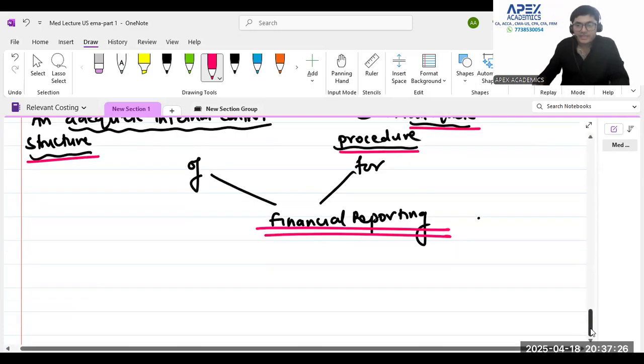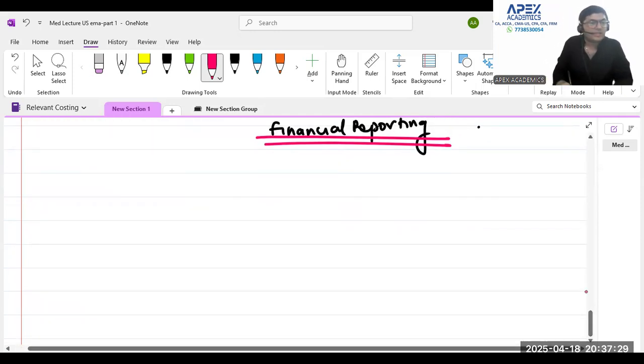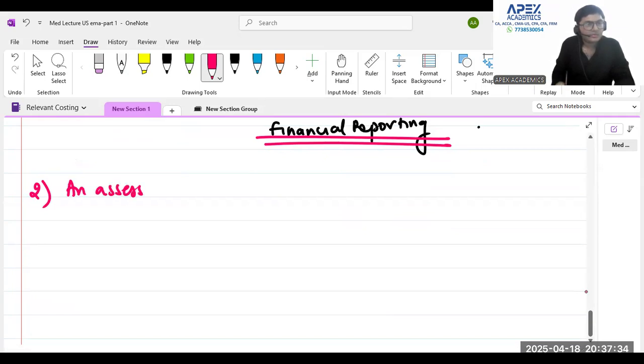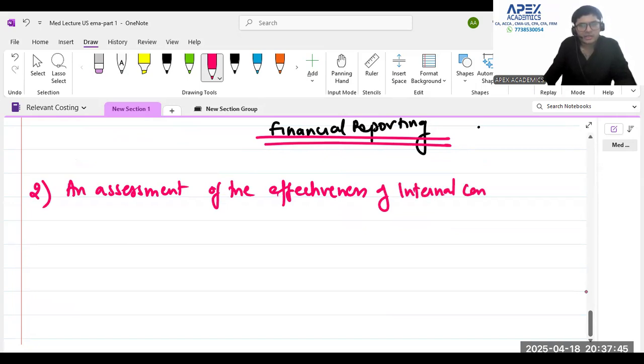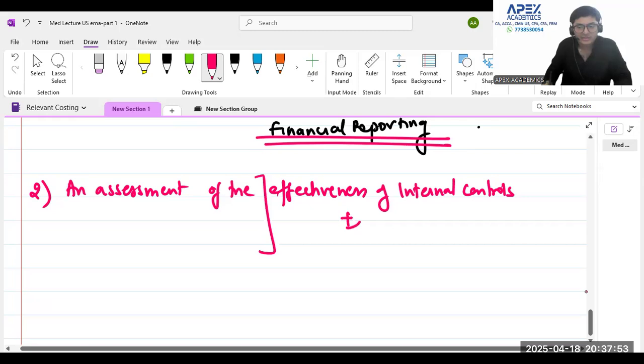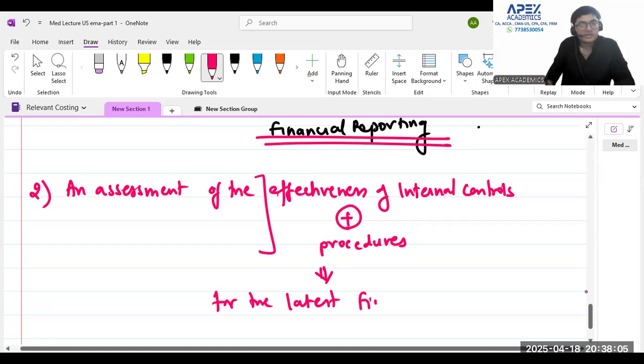Next, there must be an assessment of the effectiveness of internal controls and procedures for the latest fiscal year.